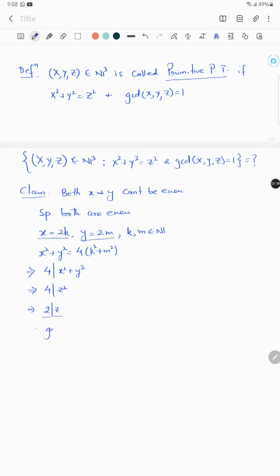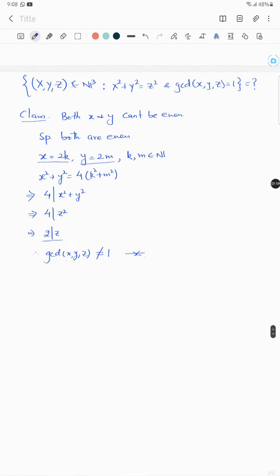So x, y and z all have a prime divisor 2. So GCD cannot be equal to 1, and this is a contradiction. So our claim holds that both x and y cannot be even. Now claim second is both cannot be odd.